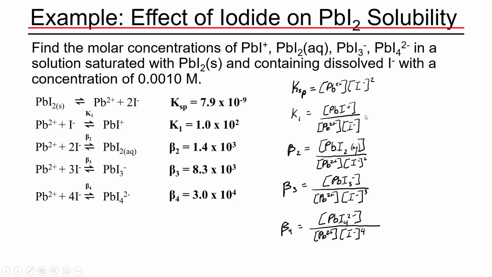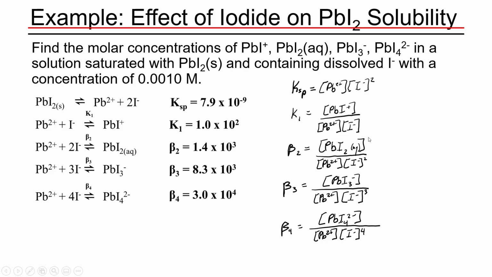We can then set each expression equal to the constant value, and then we can use our initial calculation of the lead 2 plus concentration in the system to calculate the molar concentration of all the other lead-containing species in the system.